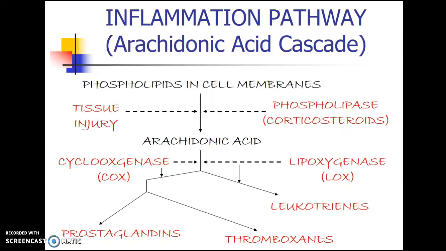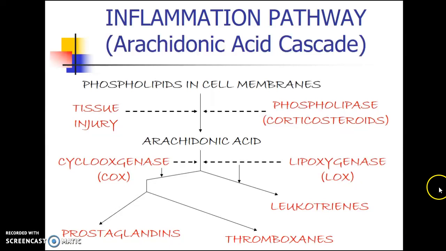The whole idea is to bring in blood and bring in white blood cells, and then from the bloodstream, phagocytes go out into the tissues and help engulf the bacteria, and the animal can heal. But if it goes on too long, or if it then incites a reaction by the animal to attack that part of the body, that is not good. So we want to control this inflammation pathway sometimes.